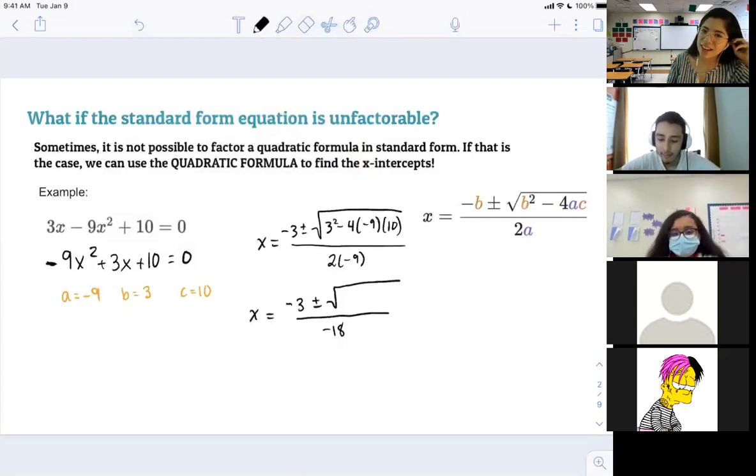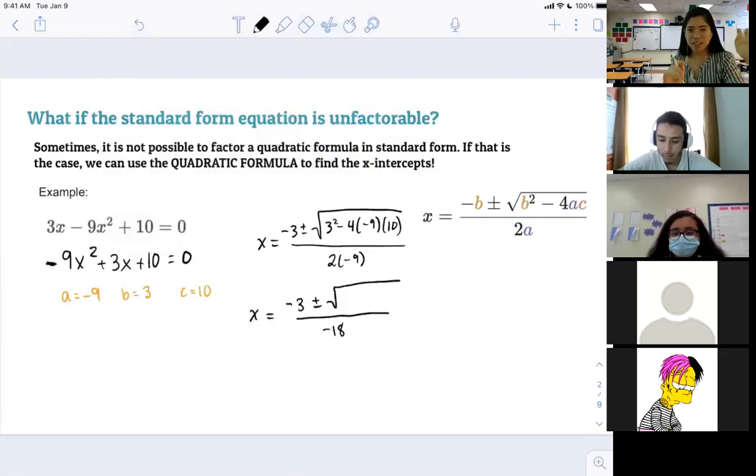Okay. And then that times 10? Negative 40. Where are you getting negative 40? Oh, you're doing 4 times 10. I'm saying 4 times 9.